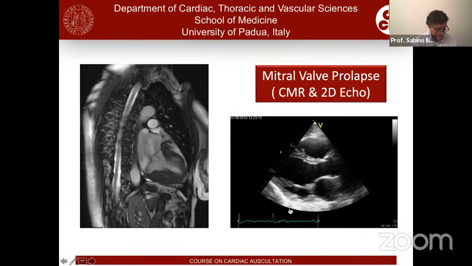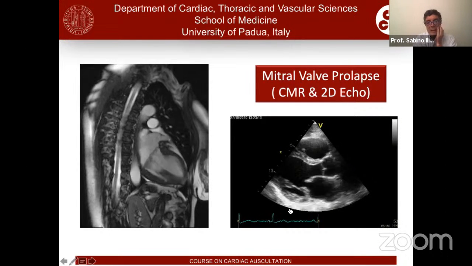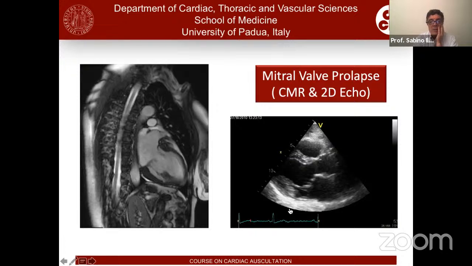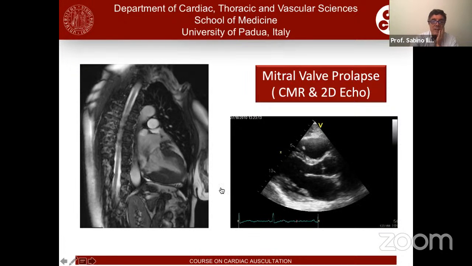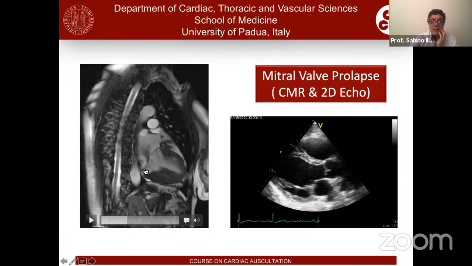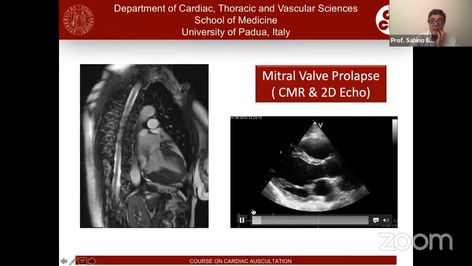On the contrary, magnetic resonance is extremely sophisticated because it gives us the possibility to understand that there is this enlargement of the left atrium. And above all, this discontinuity of the annulus that is difficult to be appreciated by echocardiography.